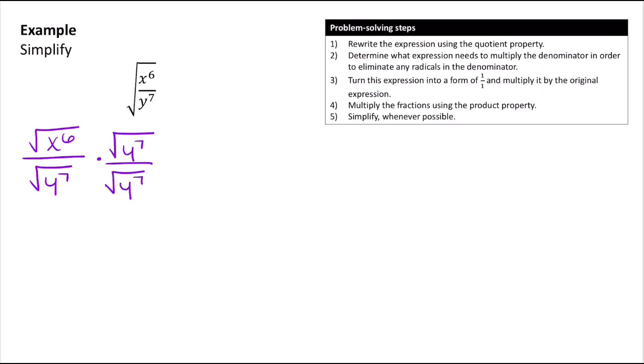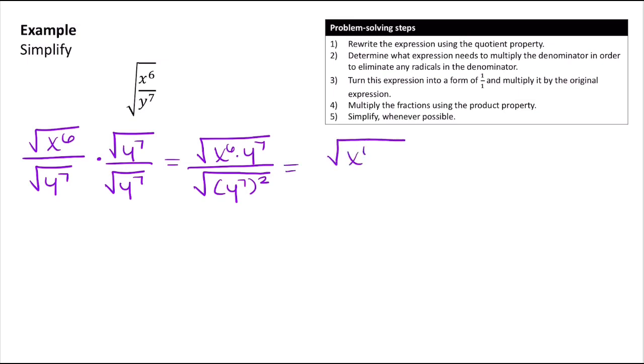In the numerator, that's going to give me x to the 6th times y to the 7th. And in the denominator, I have the square root of y to the 7th times itself, so y to the 7th squared. So when I simplify this, I have the square root of x to the 6th y to the 7th over y to the 7th.